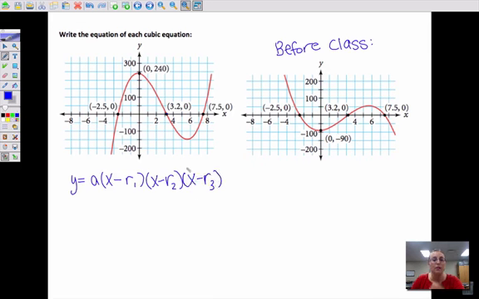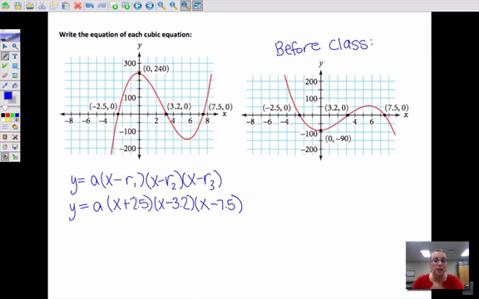And so then all we have to do is plug our roots in. We don't know our scale factor, which is what we're going to find. So we're going to do x plus 2.5 for the first one, x minus 3.2 for this one, and x minus 7.5 for the last one.